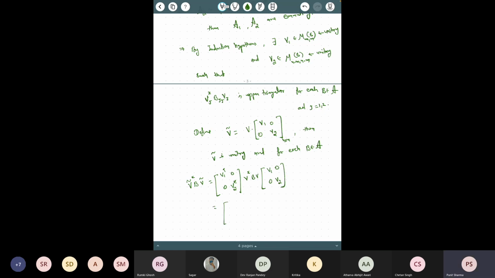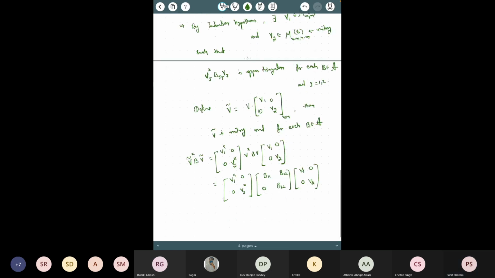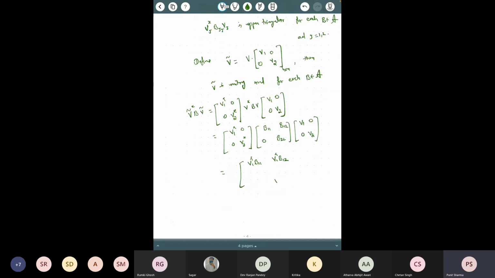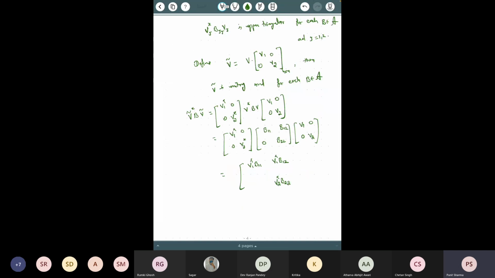But then you know what it is: this one V11, V12, 0, B22, right? But then what it is, just V1 star V11, V1 star V12, and this is V2 star V22, and when you multiply from the right hand side, it would be V1 star V11 V1, 0, V2.